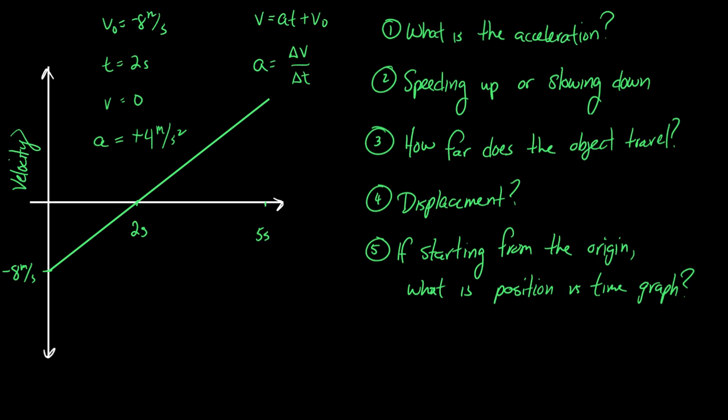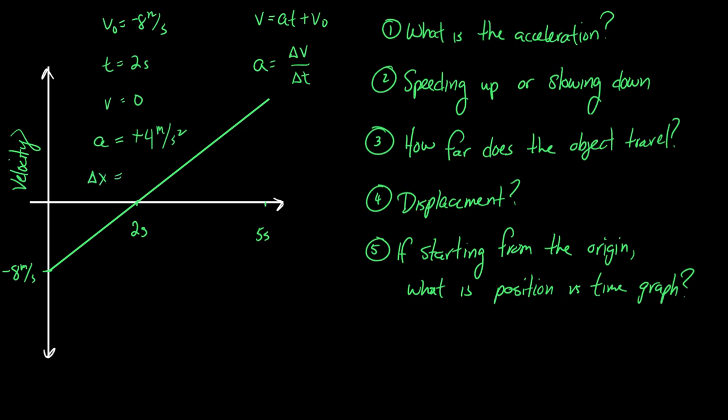How far does the object go? Wow, here's where there's a lot of divergence of what I would have expected. How far the object goes is not displacement. It looks to me like in the first 2 seconds, I could figure out the change of position before it came to rest.